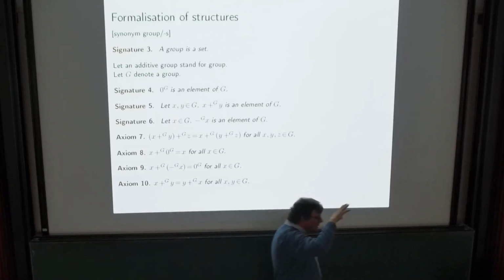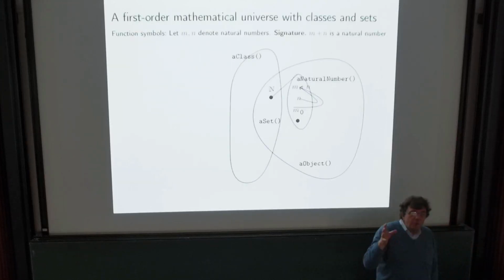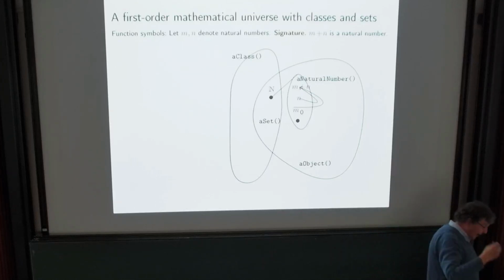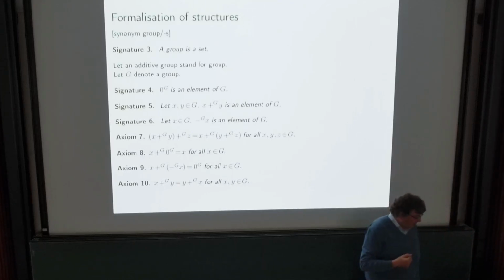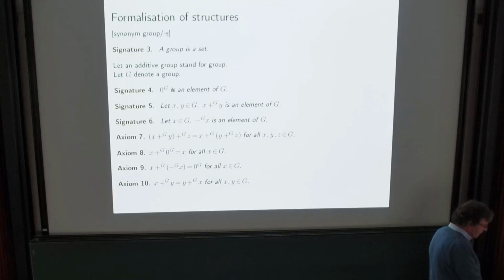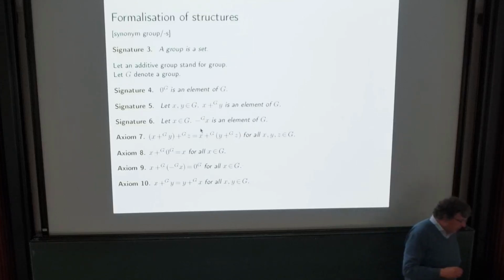So you would have within the relation set a sub-relation in the middle of the picture of groups. So some sets are groups, and if I declare them to be a group, then they would have things like the zero of the group, the addition of the group, the minus of the group, and so on. And I could declare axiomatically certain axioms about them.